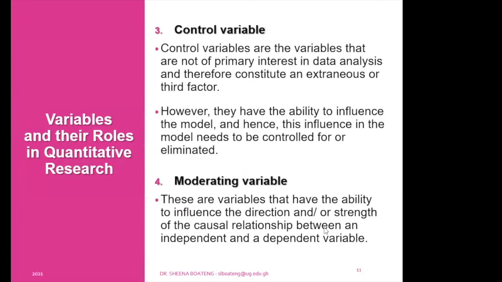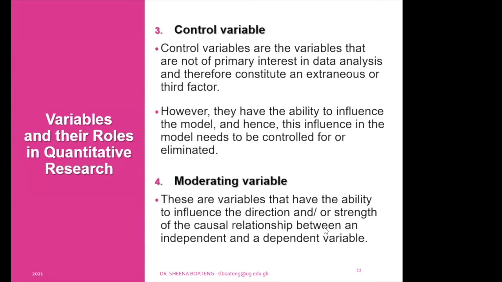A control variable, we admit, has some effect on the dependent variable, but it is not of primary interest in our current analysis or our current research, right? But we admit that they have the ability to influence the model. So we will test for it by way of controlling for its effect on the dependent variable. So that is a control variable, right?